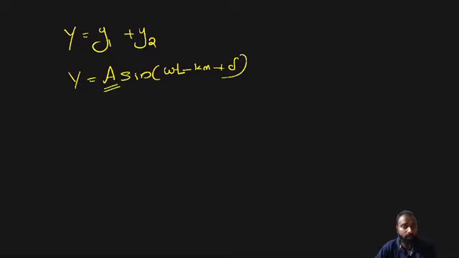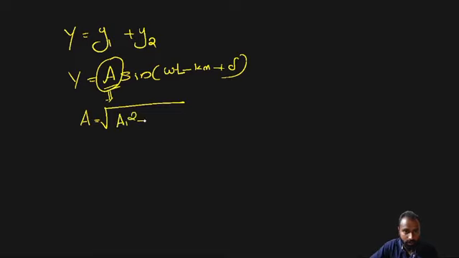These two are vectorially superposing with a phase difference of phi. So this A is not just A1 plus A2. It is not like that. This A is the square root of A1 square plus A2 square plus 2 A1 A2 cos phi. It is a vectorial sum.